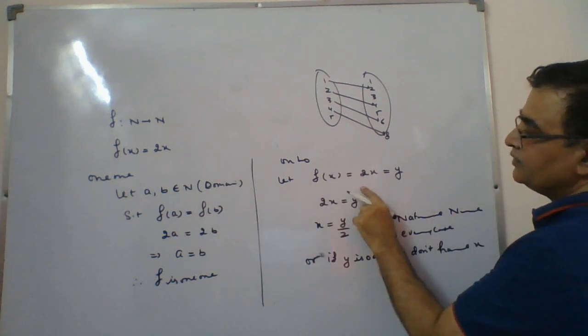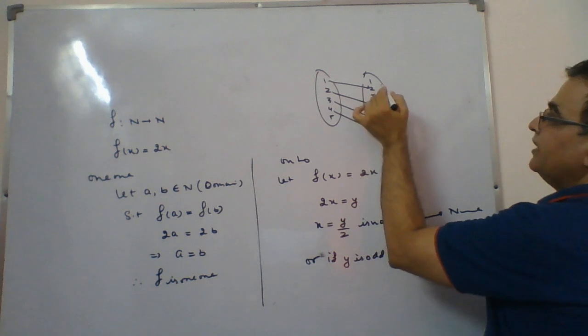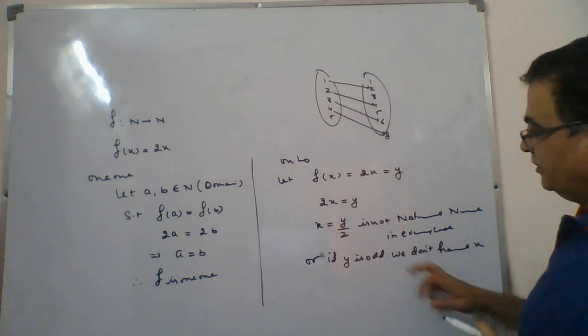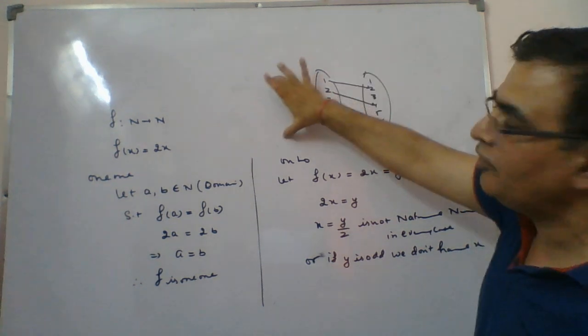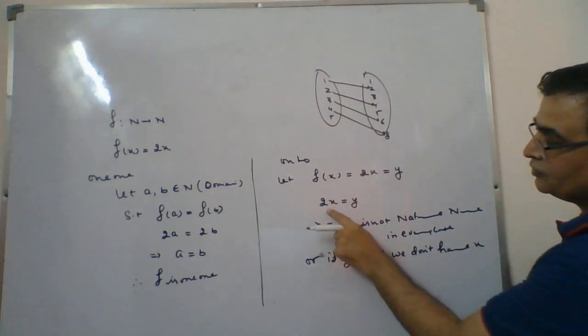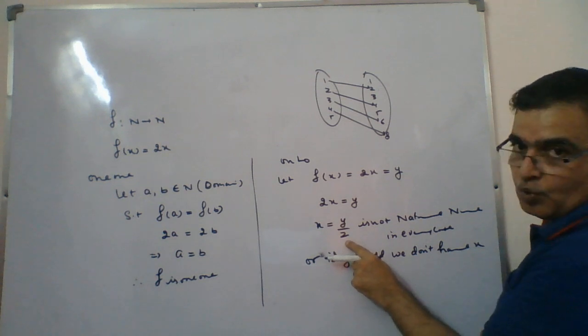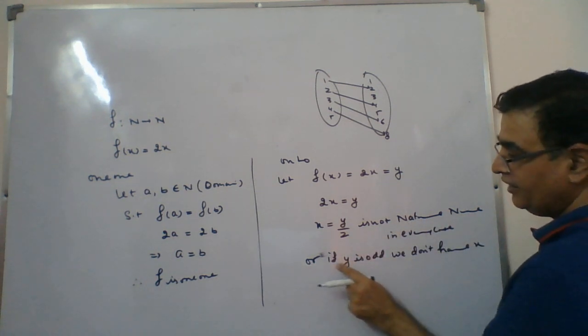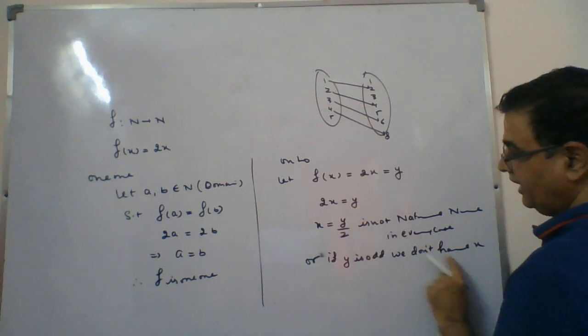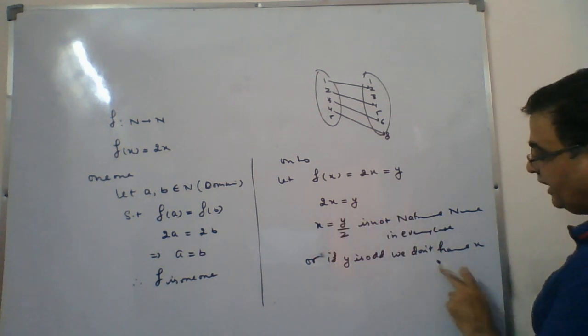But in the second case, for every element y which you take, what you will find is that every y will not have an x here. Because 2x is y, x is y by 2. What does that indicate? It is not a natural number in every case. Or we'll say if y is an odd number, x does not exist. So we don't have x.